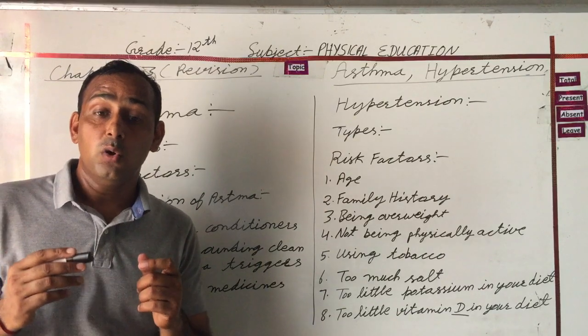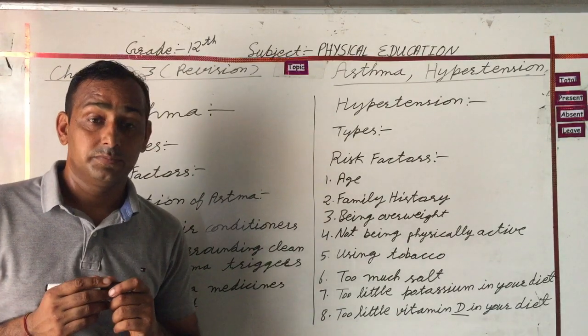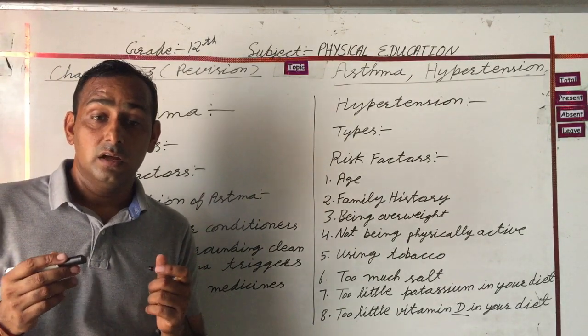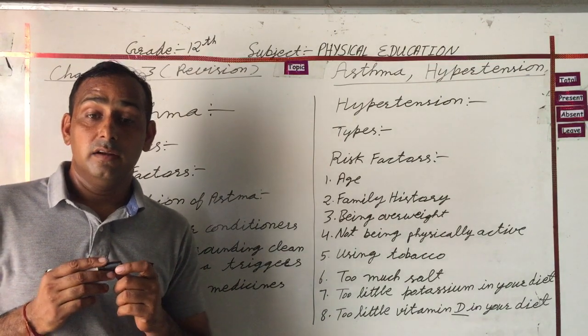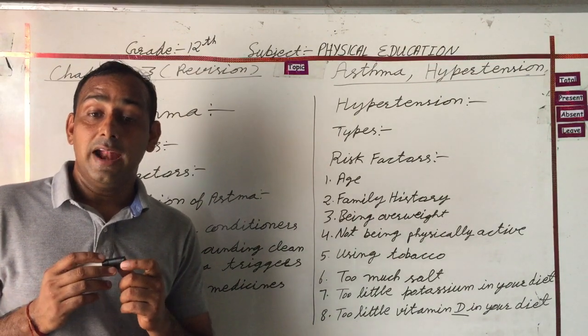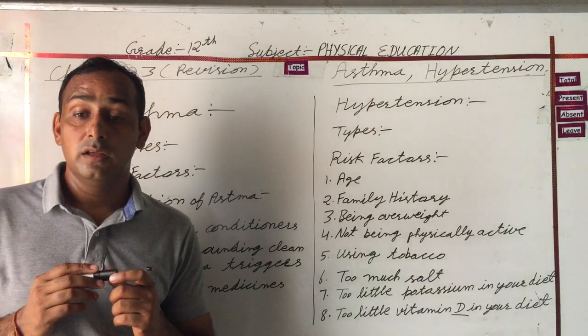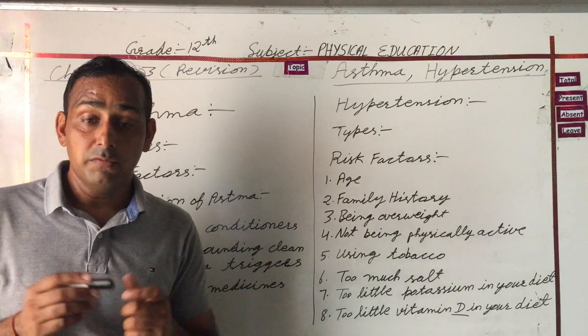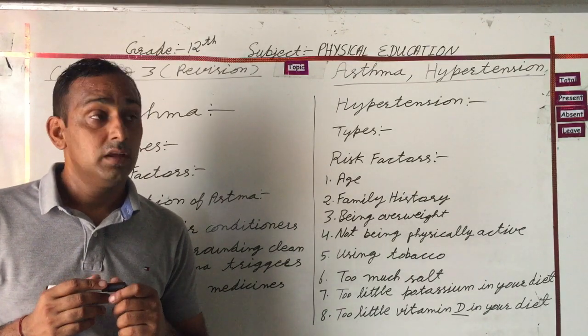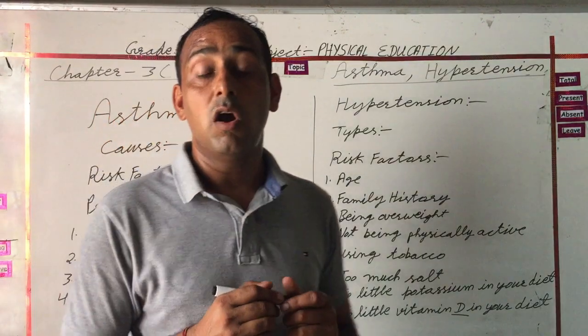Next is strong emotions and stress, and the last is sulfites and preservatives added to some types of foods and beverages, including dry fruits. Okay, so these are the causes of asthma.